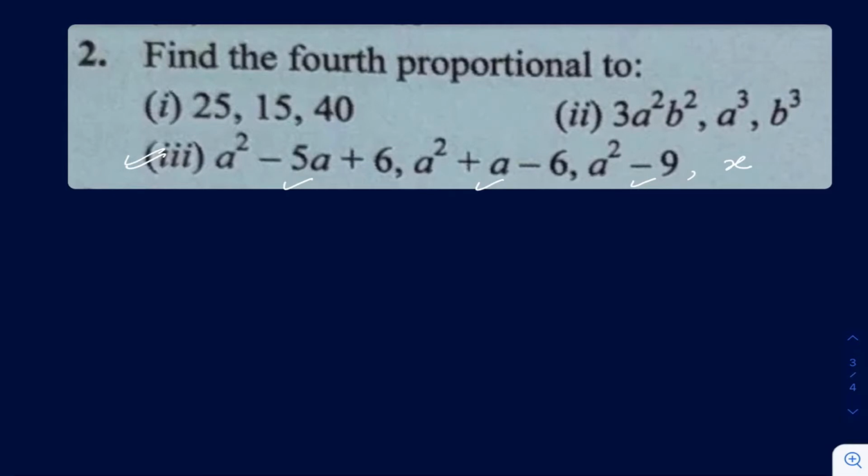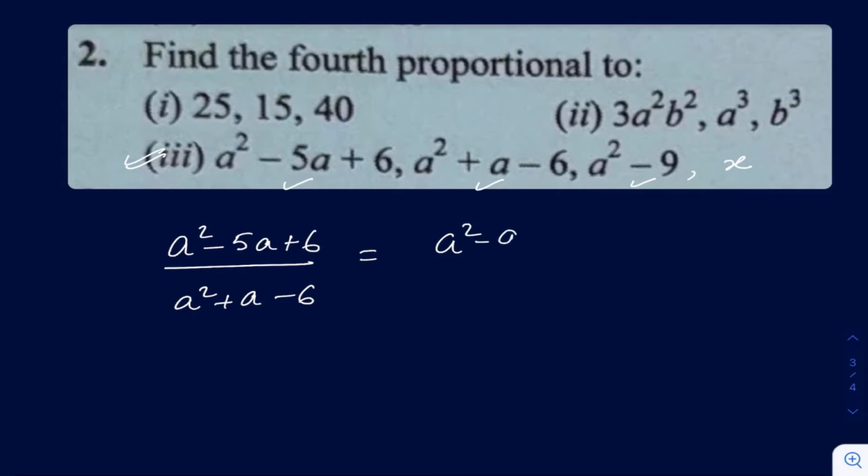So it means these four terms are in proportion. So what is the result? The ratio of the first two terms is equal to the ratio of the last two terms.